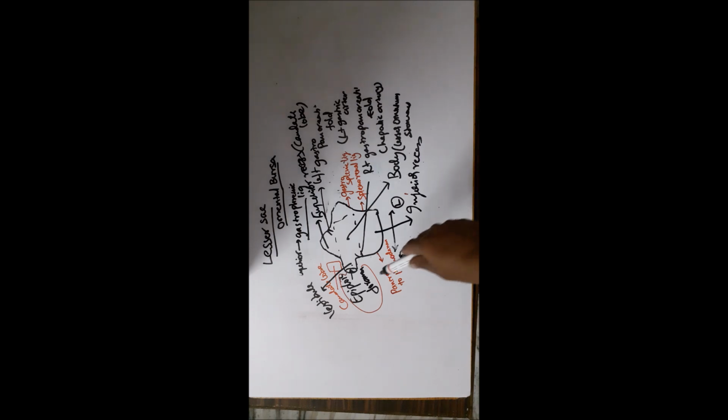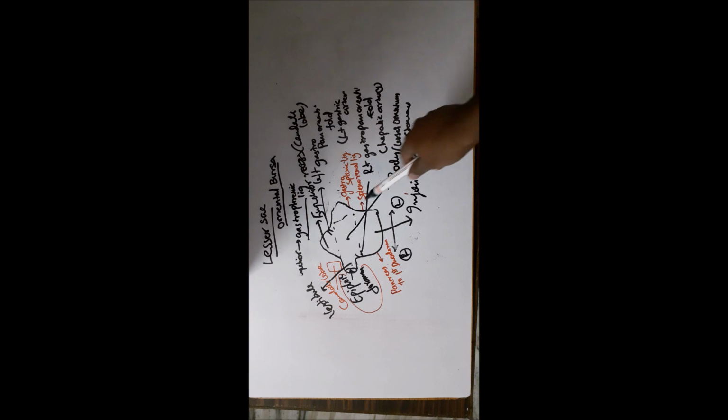So those are the parts of the lesser sac. What are they? This is the epiploic foramen, through which it's communicating with the greater sac. The part just immediately left to that epiploic foramen is the vestibule. Then we have the body, which lies behind the lesser omentum and the stomach. Behind the caudate lobe, this part is the superior recess and this part is the inferior recess.